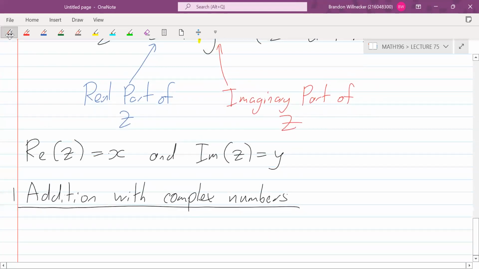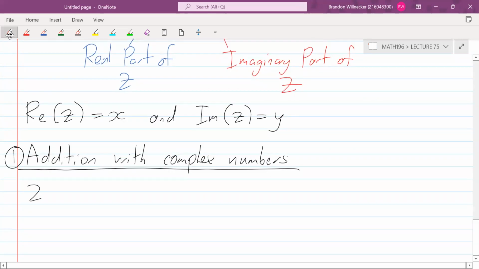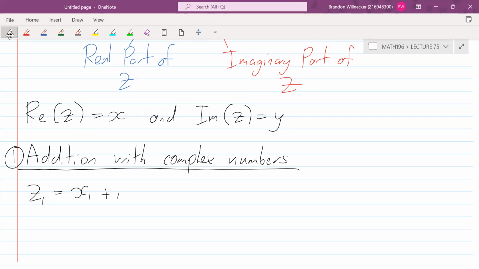Okay, so this is the first operation that we want to look at. So let's say we have a complex number z1, and that's given by x1 plus i times y1. And we have z2, which is going to be x2 plus i times y2. And we would like to define some kind of addition between these, much like we define addition between real numbers.